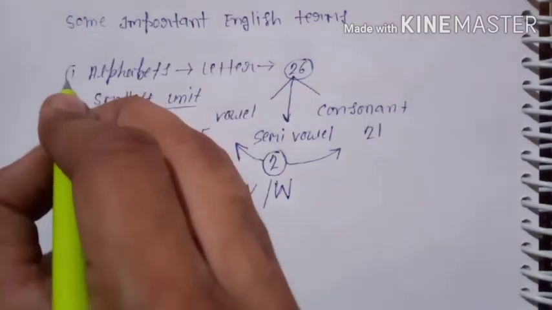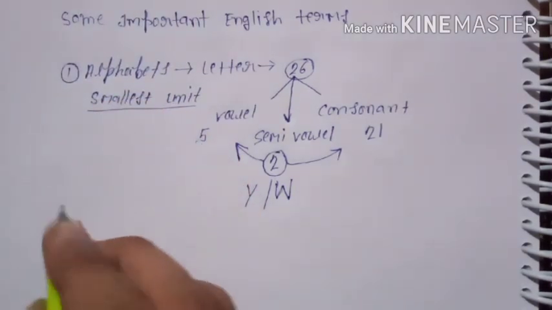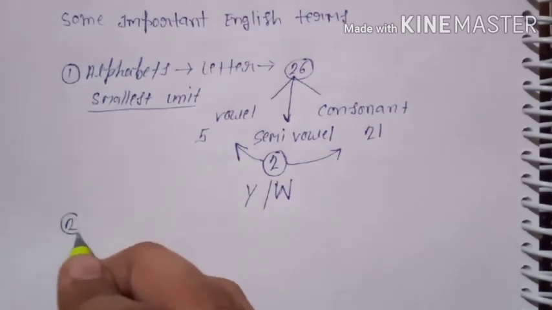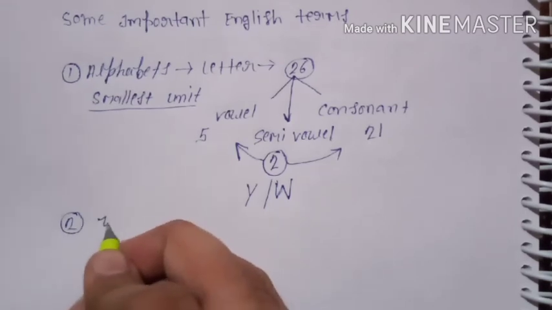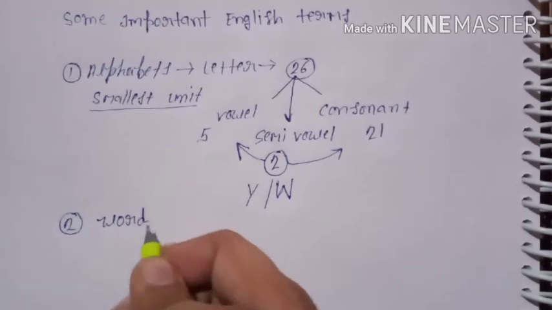Now this is the first step, and the second one is word. After reading about alphabet or letter, we will talk about word. What is word?